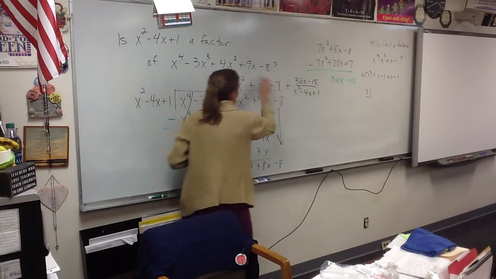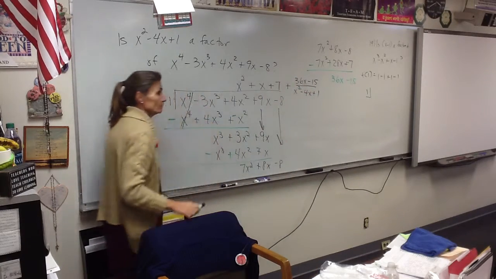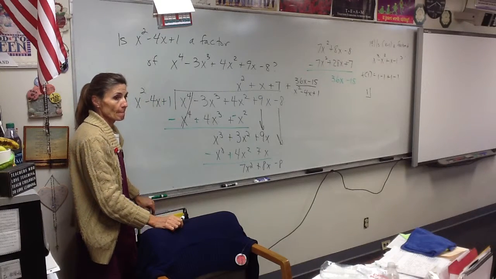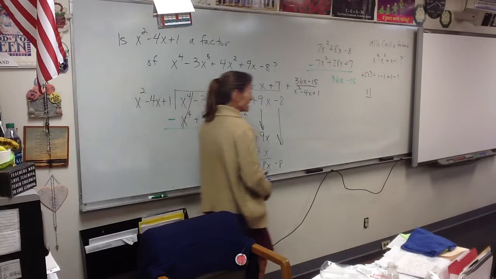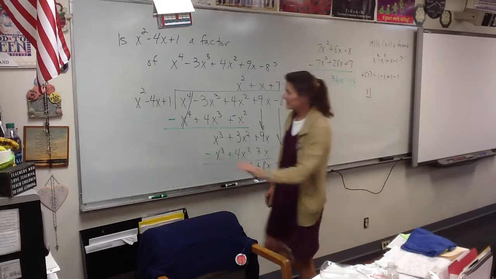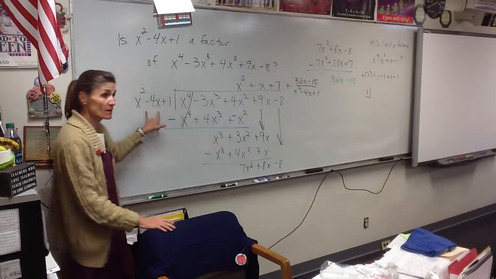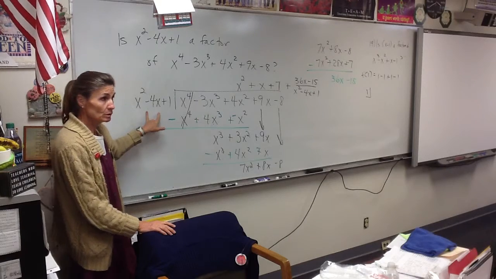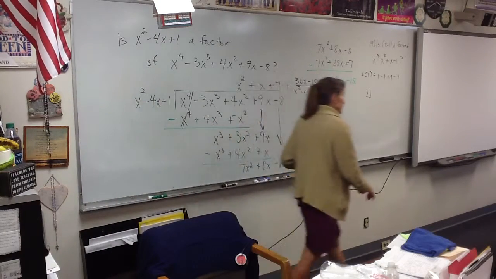There is my quotient and my remainder. You may long divide anytime you want, but you have to long divide if you're dividing by something other than a little binomial. Okay? All right.